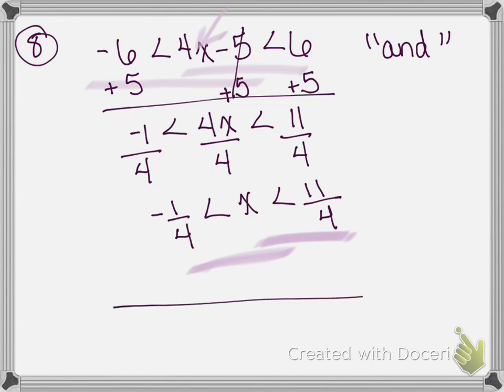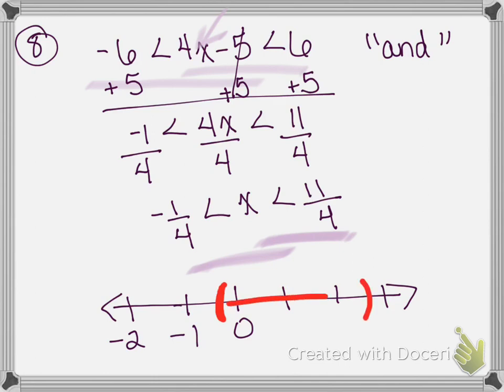I am going to draw the number line. Here's 0. There's negative 1 and negative 2. Okay. Negative 1/4 is pretty close to 0. Okay. 11 over 4 is almost 3. And it is in between these numbers. Okay.